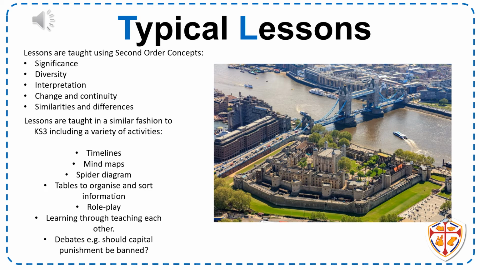So a whole range of teaching strategies are used as will be used at Key Stage 3. So the lessons are very, very similar. There are a few differences, although there is more of a focus on exam style questions and more practice of those, especially in time conditions.